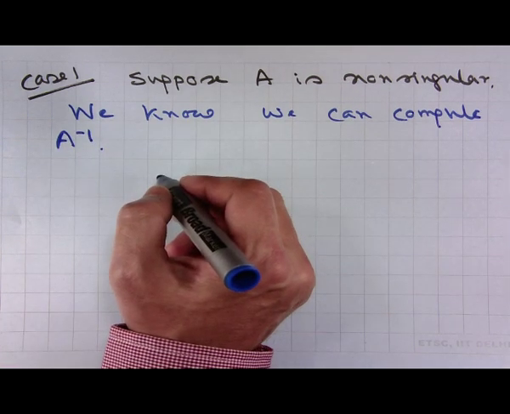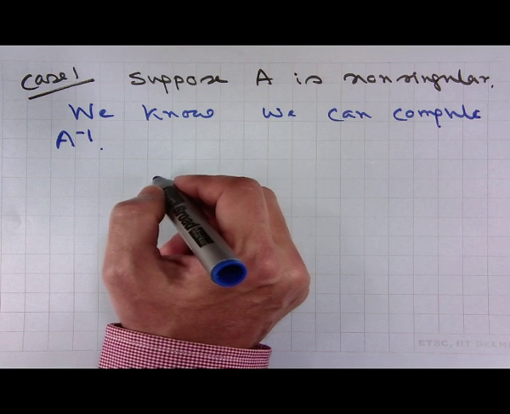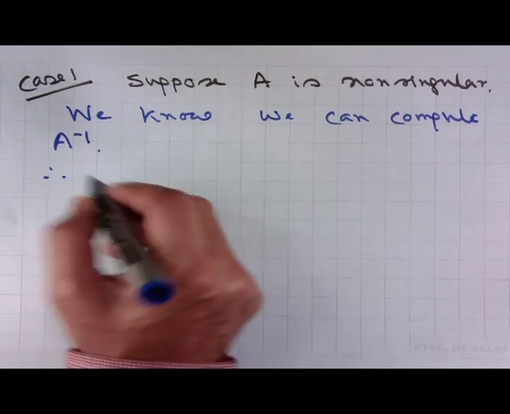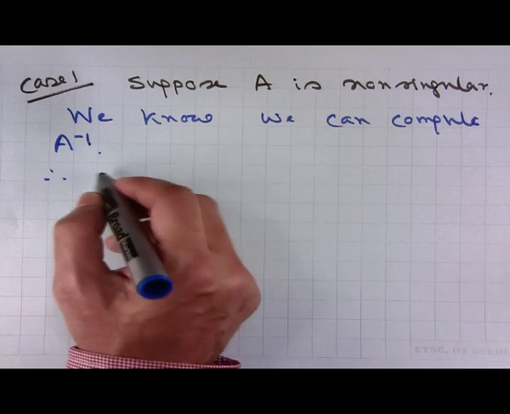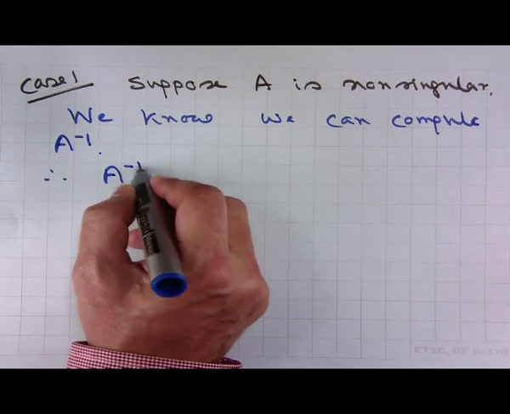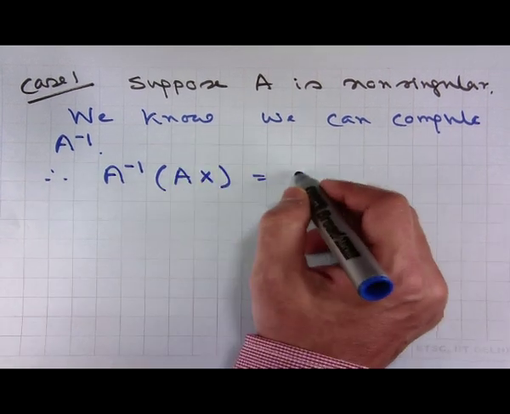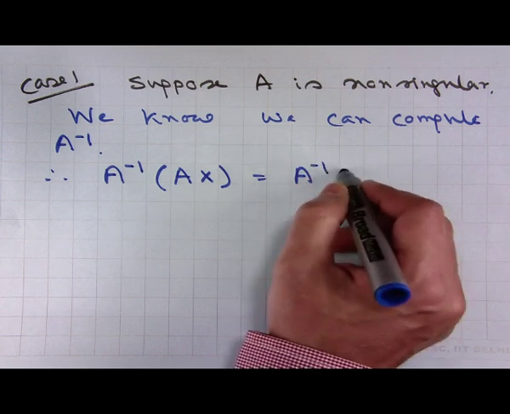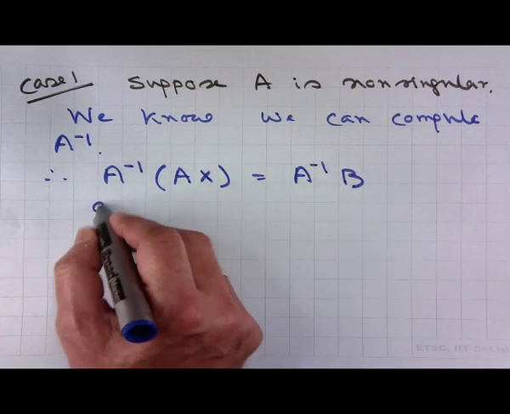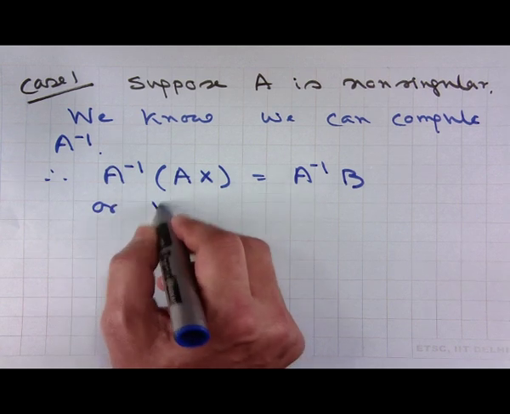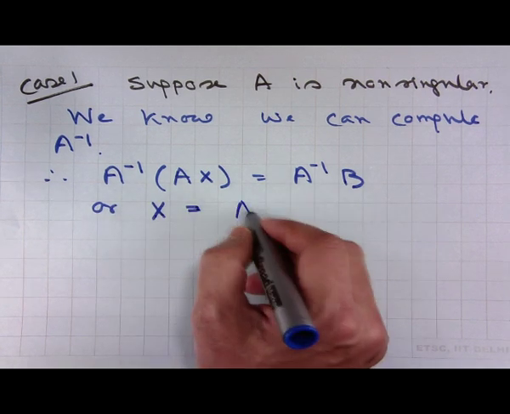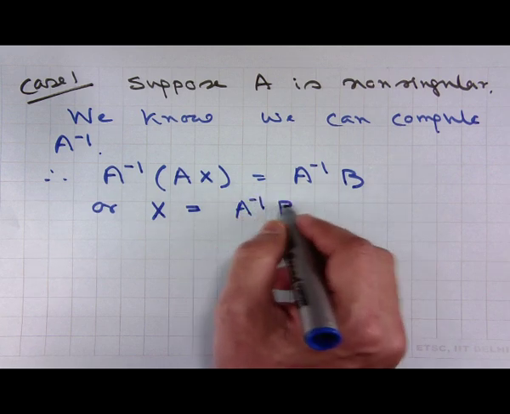This we have seen in our last class. Therefore, by pre-multiplying by A inverse, we get A inverse A x is equal to A inverse B, or x is equal to A inverse B.